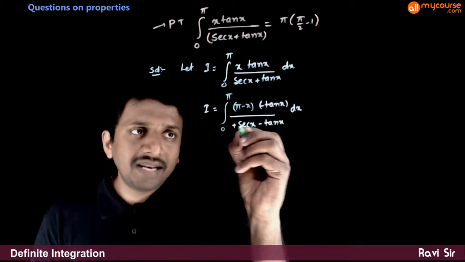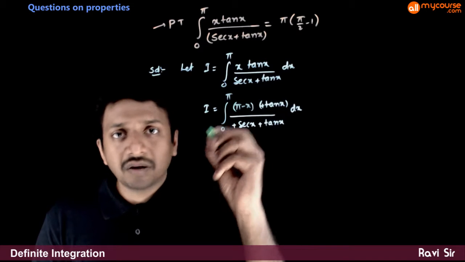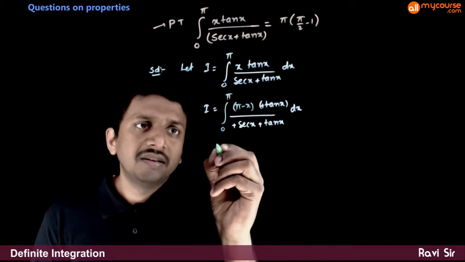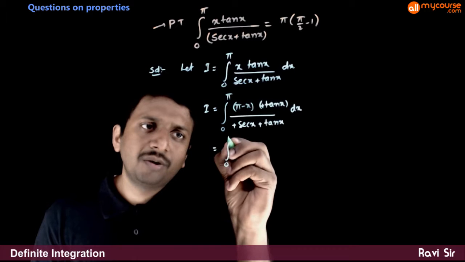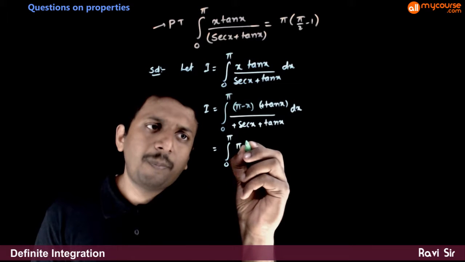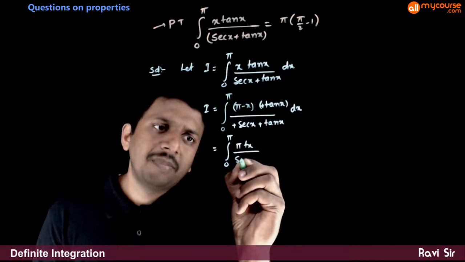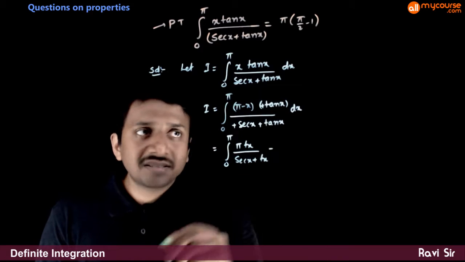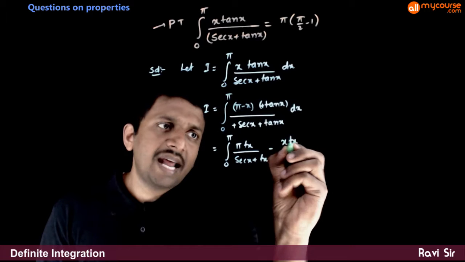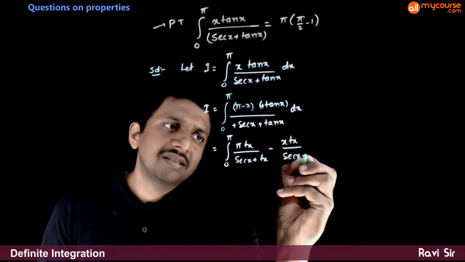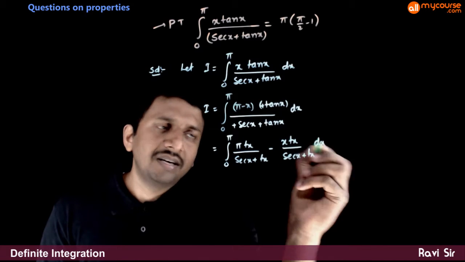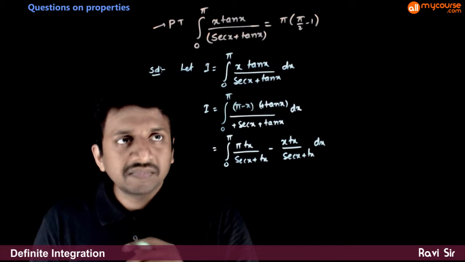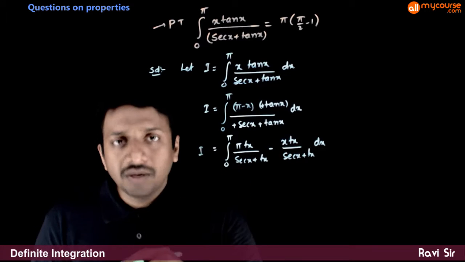So the minus signs all get cancelled. That is equal to the integral from 0 to pi of pi tan x by secant x plus tan x minus x tan x by secant x plus tan x dx. So I is equal to this.